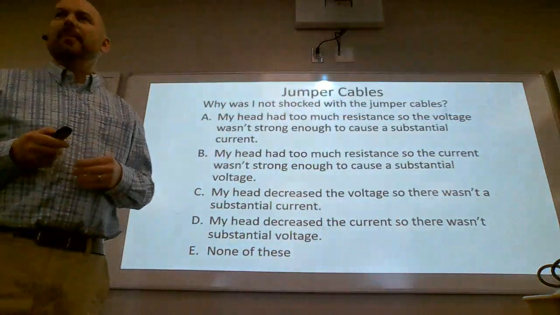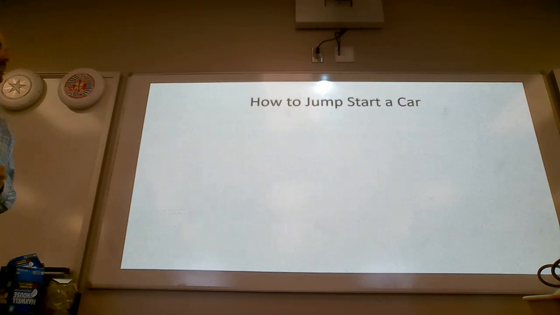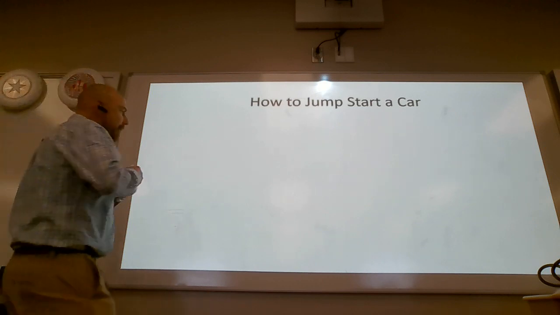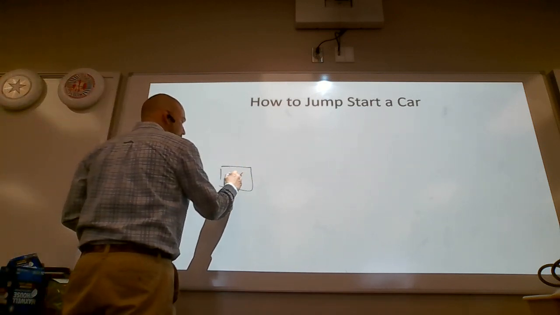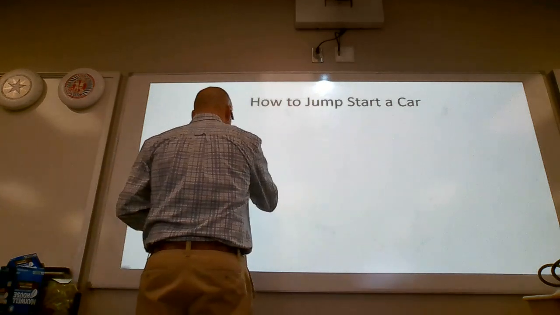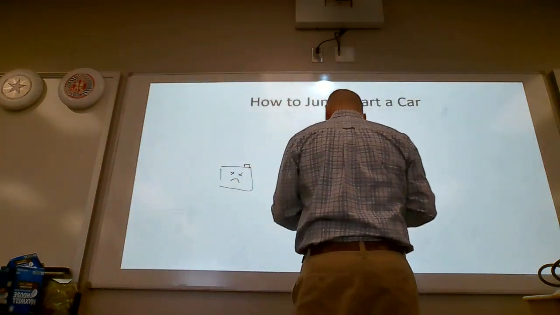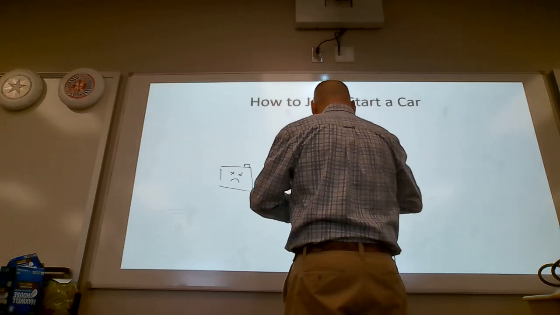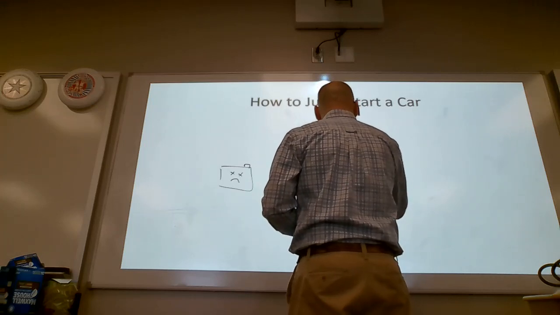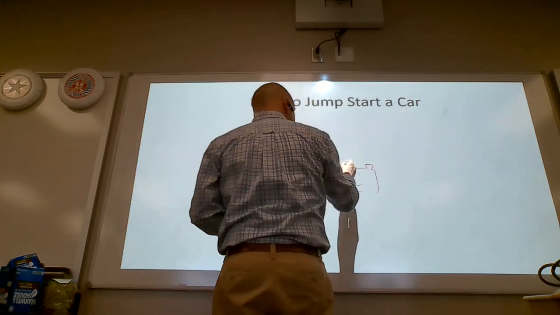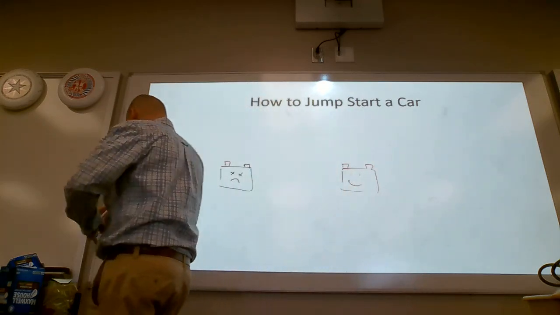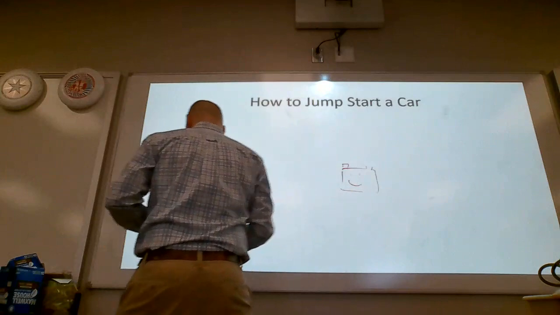Good at that. Okay. The last thing I'll leave you with is how to jump start a car. If I run out of time, the idea is red on red, black on black. Okay, so here's how you do it.